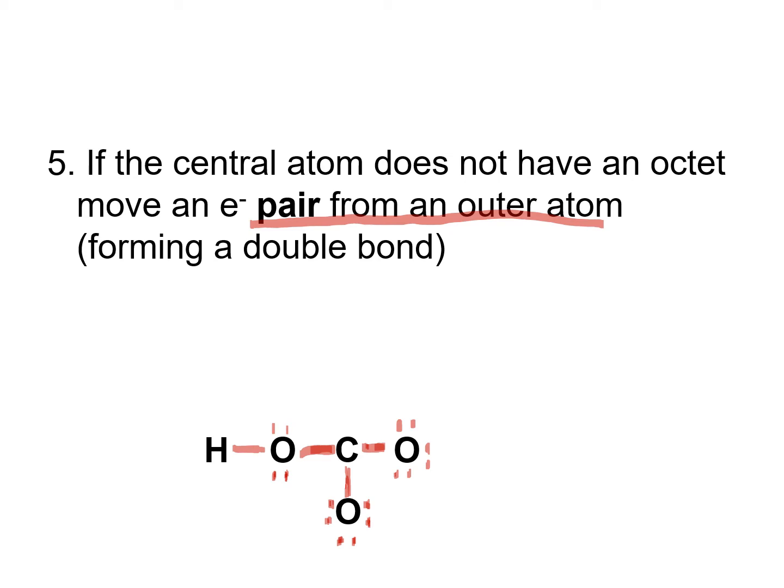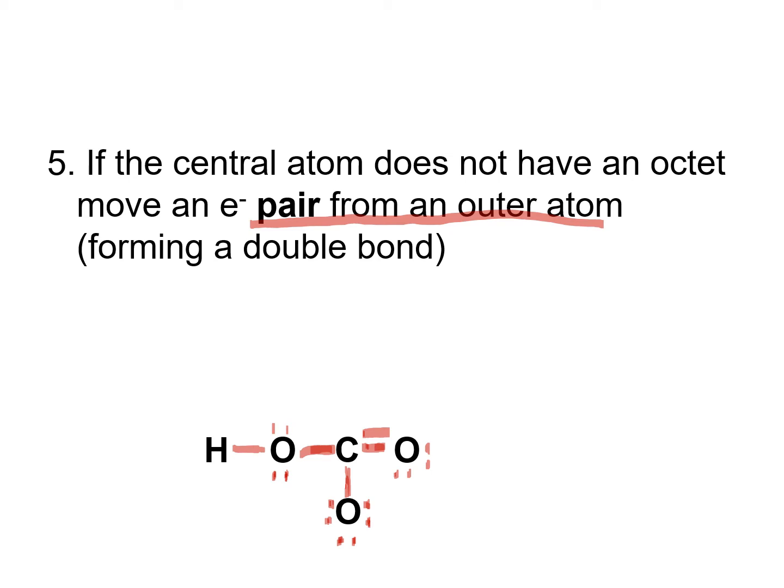I can take these 2 electrons there, instead of using them as a lone pair on the oxygen, and put them here as a double bond between the carbon and the oxygen. I haven't taken any away from the oxygen. It still has 8 around it, but now 2 pairs of them are being shared with this carbon as well. That would give everyone in this structure a full valence shell.